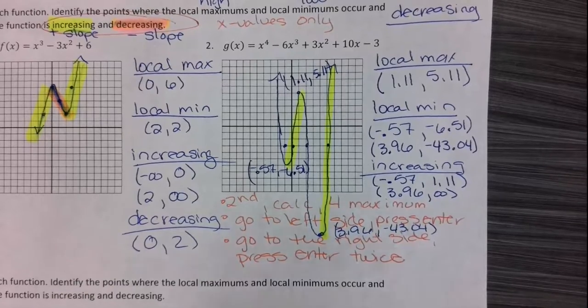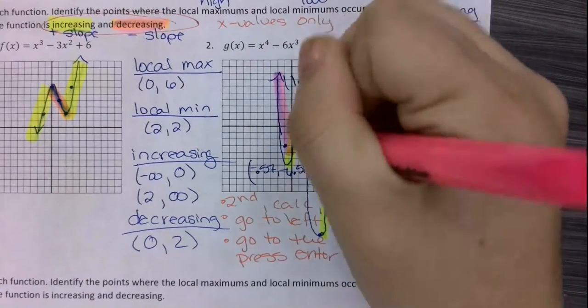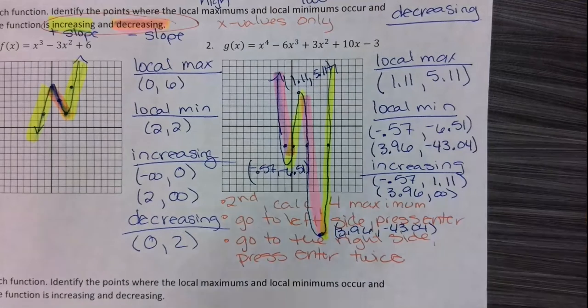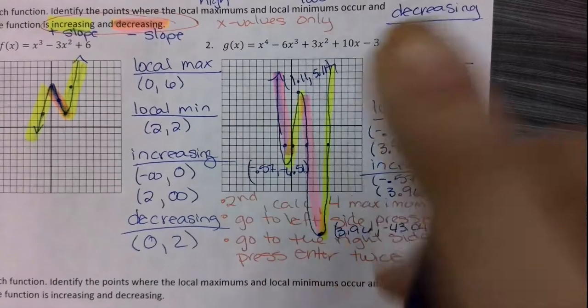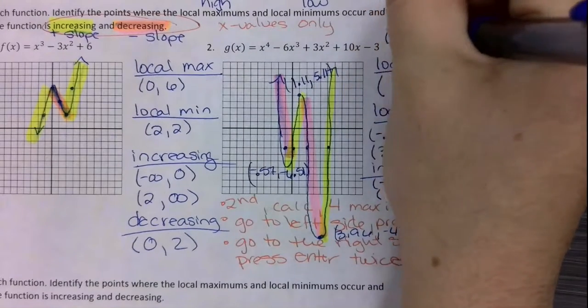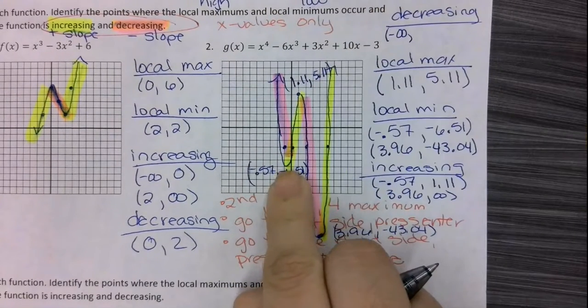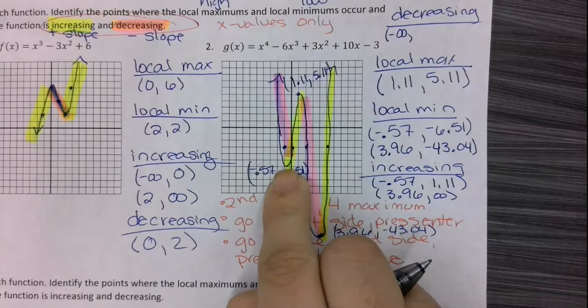Okay? So then if I look, notice this time I have two decreasing lines. So where does it start decreasing from? It goes on what's called negative infinity. And then where does it end? After it's a negative 1.